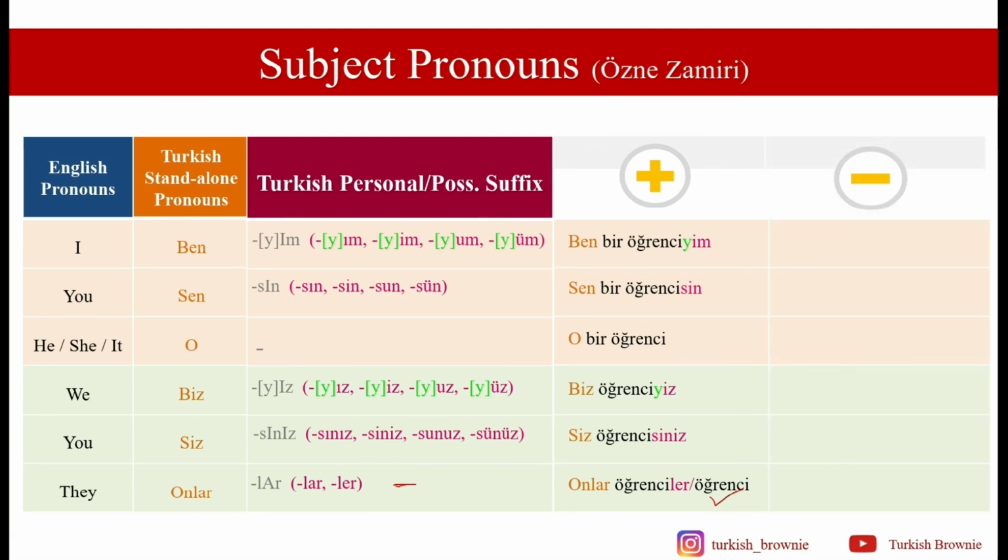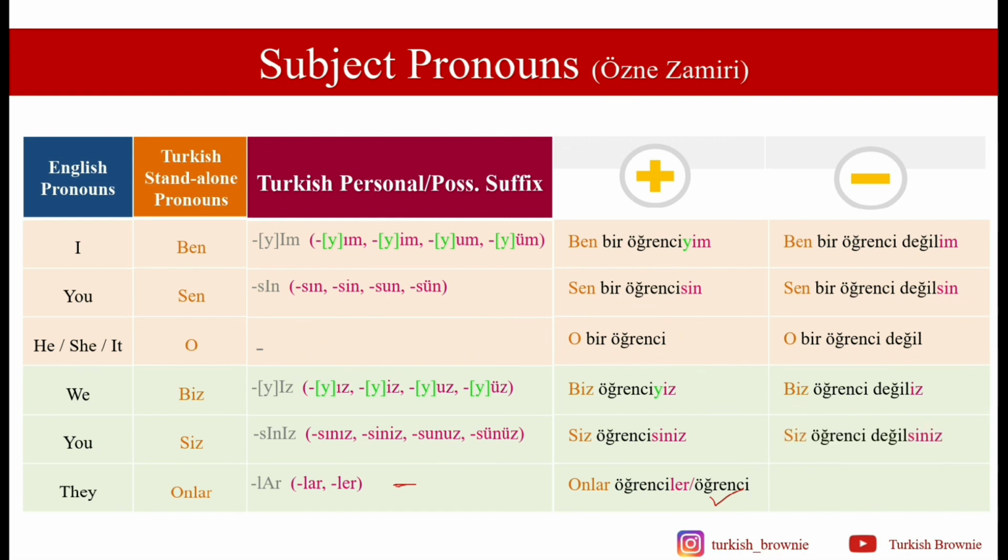And we also learned the negative form. So ben bir öğrenci değilim, sen bir öğrenci değilsin, o bir öğrenci değil, biz öğrenci değiliz, siz öğrenci değilsiniz, onlar öğrenci değiller, or onlar öğrenci değil. So that is all that we covered in this lesson. You can take a screenshot now so you can revise it later on as well.